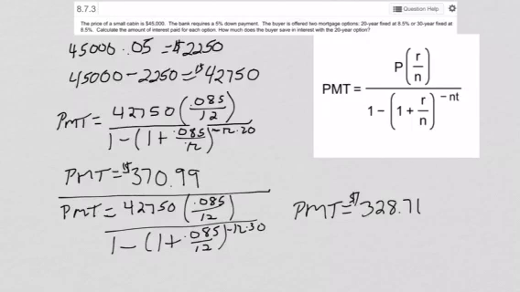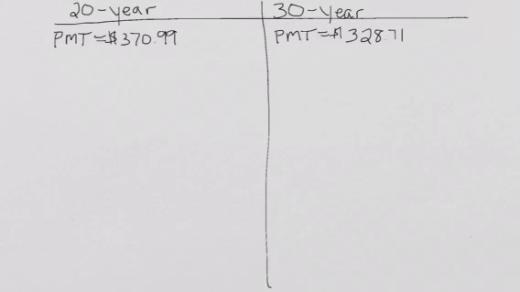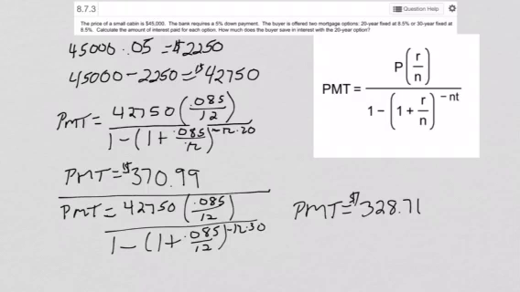But now what we want to see is how much the buyer saves in interest with the 20-year option. So we need to see how much we're paying in interest for each one. First we calculate how much we're going to pay in total for each. For the 20-year, we're paying $370.99 per month, for 20 years monthly.